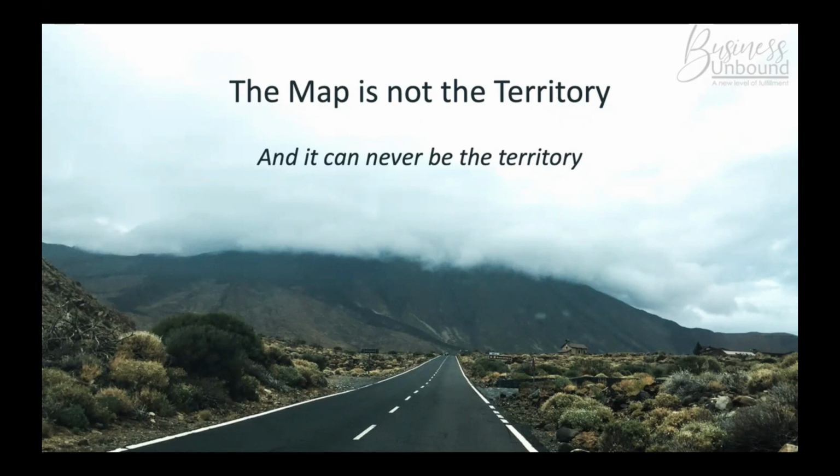And so your map of the territory being the reality, the external world, the map being your internal representation, your map of the world can never be the same as my map of the world. Does that make sense?